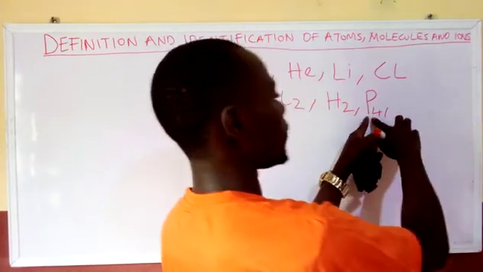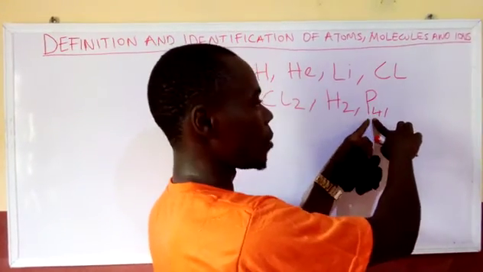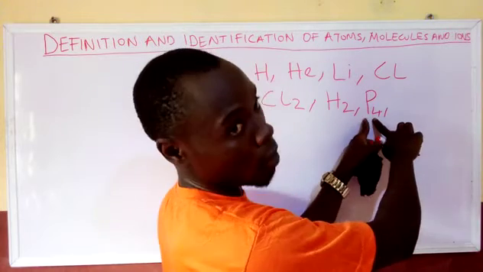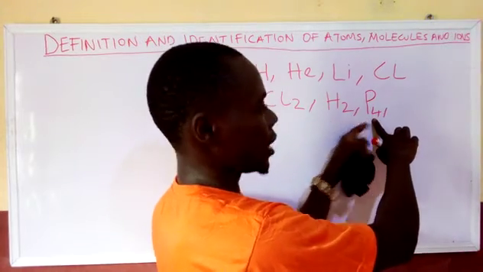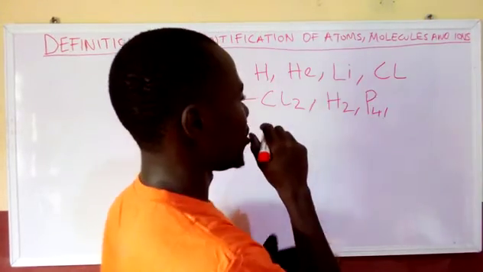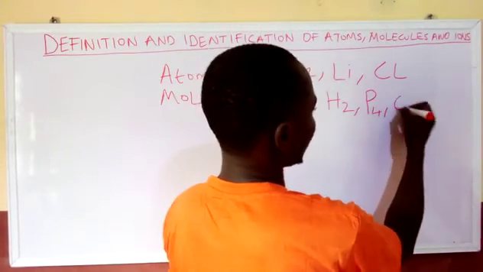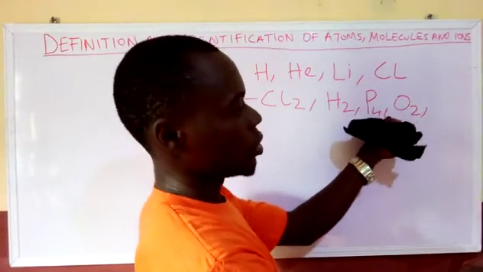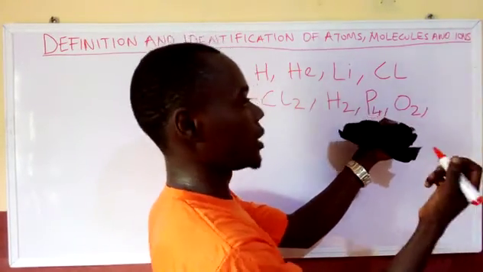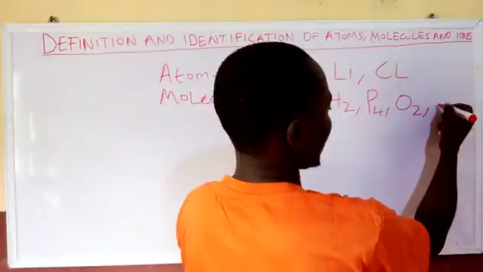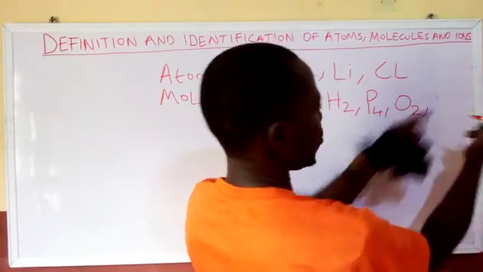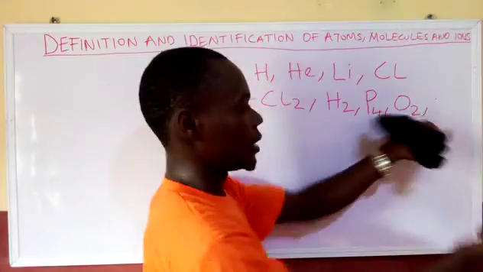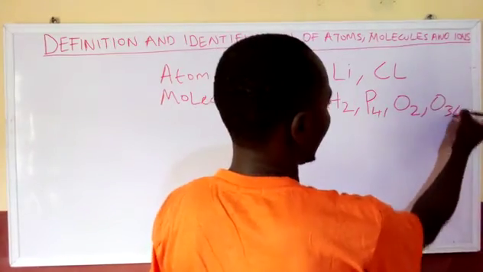A molecule of phosphorus is made up of 4 phosphorus atoms. Look at O2, a molecule of oxygen made up of 2 oxygen atoms. Look at ozone, O3, made up of 3 oxygen atoms.